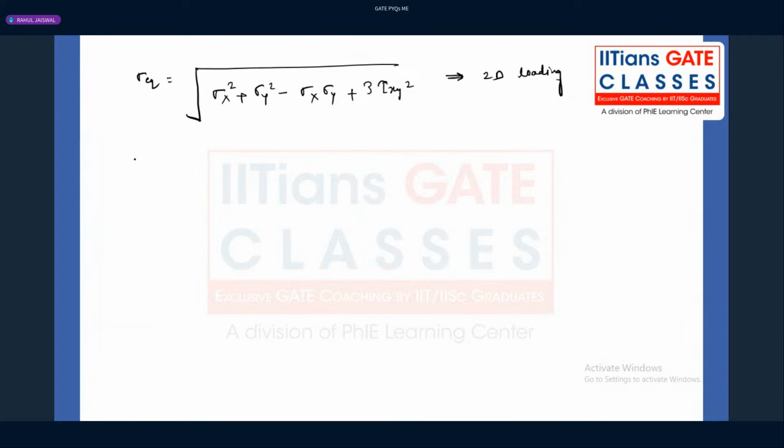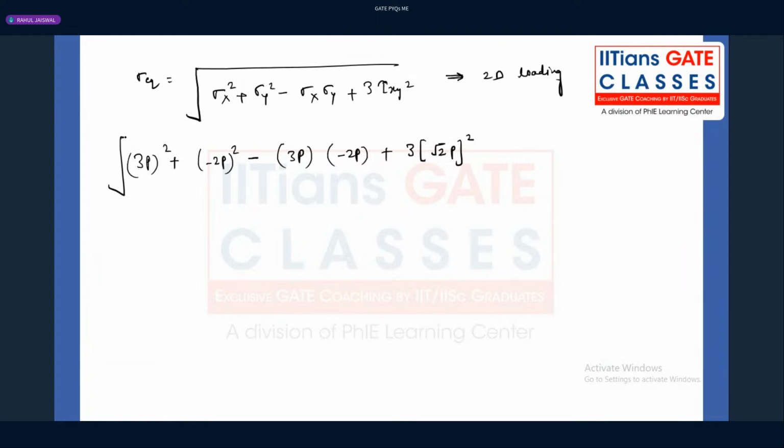Now, if I try to equate this, sigma x is what, guys? 3p square. Sigma y is minus 2p square. Again, minus sigma x sigma y. What is the sigma x, guys? 3p. Sigma y is minus 2p, plus 3 tau xy square, what is the tau xy? Root 2p.